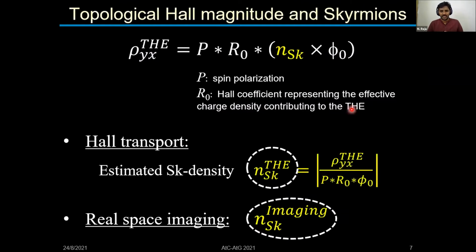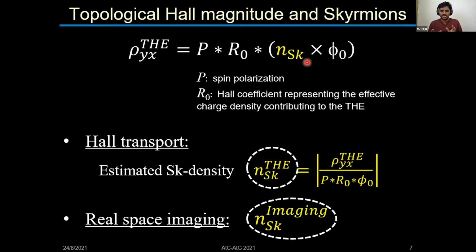The magnitude of this effect can be understood in terms of the spin polarization of the charge carriers, the density of the charge carriers, and the density of skyrmion spin textures they're interacting with. A very interesting thing here is that one can understand the electrical magnitude of this effect simply by following this formula and estimate the density of the population of skyrmions contributing to such magnitude. On the other hand, if we look at them with real space imaging, we can also estimate the density of such skyrmion spin textures.